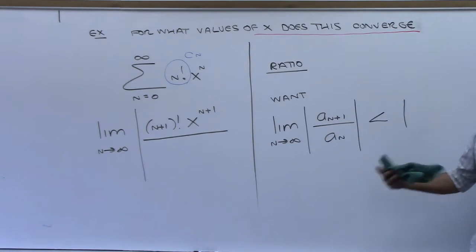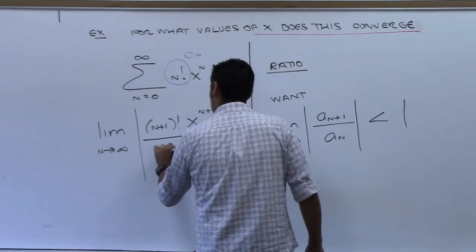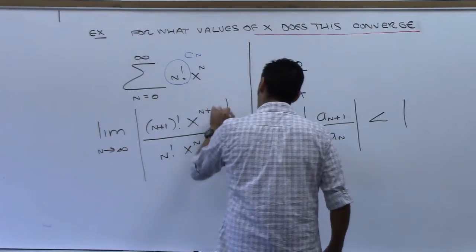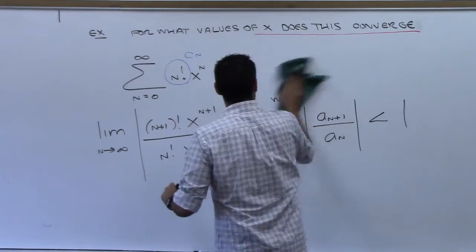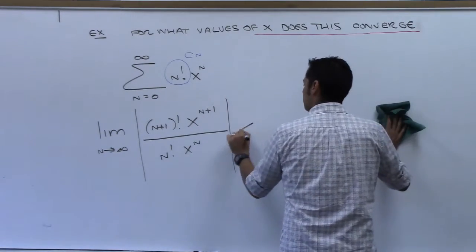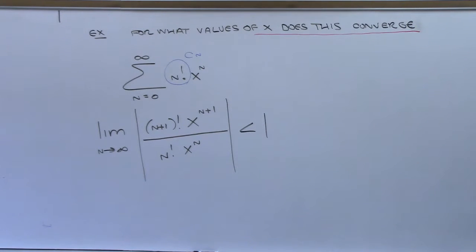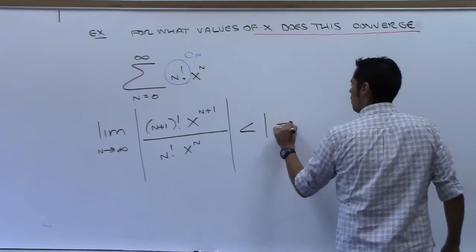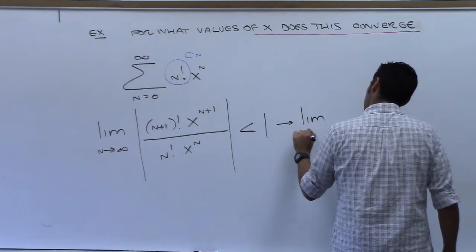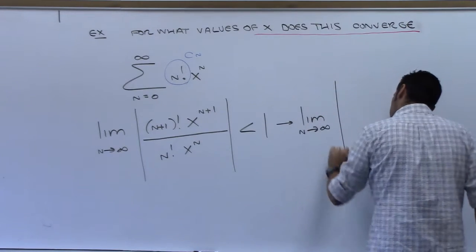Over the regular one, which is n factorial x to the n. I need that to be less than 1. Notice I'm just restating this each time. Let's try and clean up that limit. n goes to infinity, absolute value.